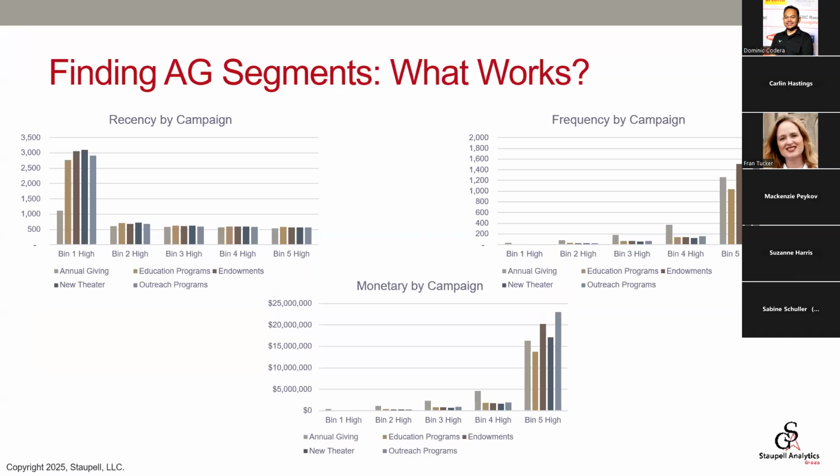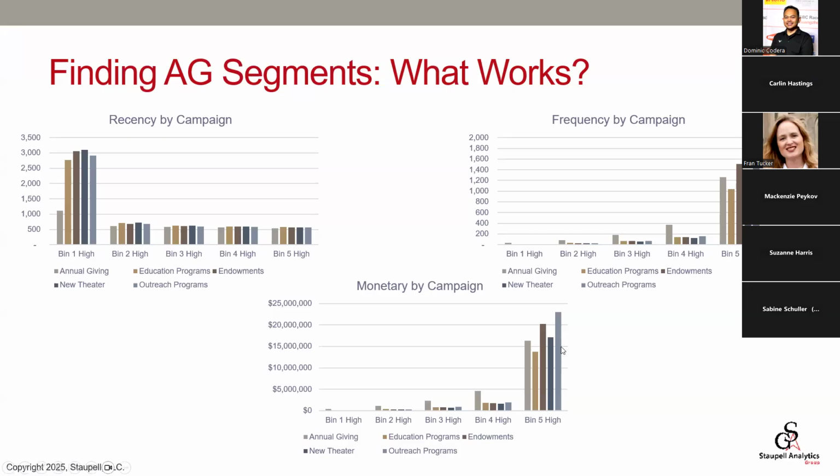Okay. So if we look at annual giving segments, this is recency, frequency, and monetary value by campaign. Okay. And we'll see that outreach programs is not on top when it comes to recency. What's on top is the education programs. That's the campaign. But when we look at outreach programs, it's the most frequent. Okay, so just the urgency of doing outreach for whatever this fake organization does is what's really making it work for people.